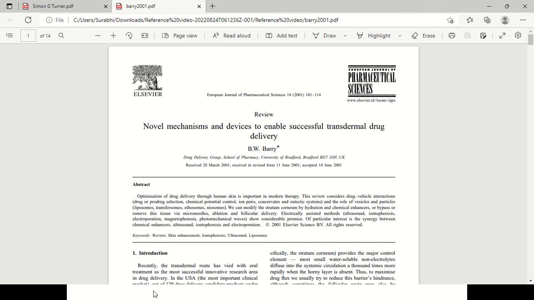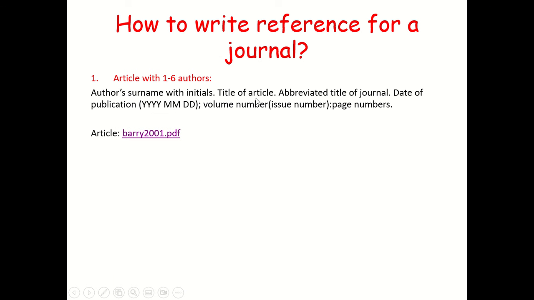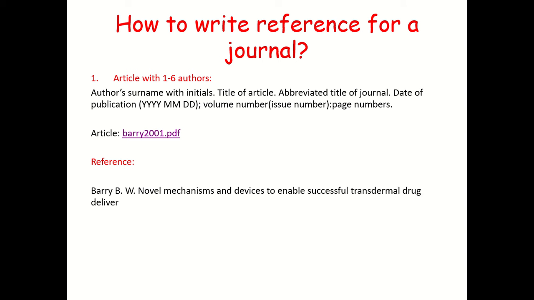So you will write only that name. Now let us see how we are going to write the reference for this particular journal. So Berry B.W. is the name, then Novel mechanisms and devices to enable successful transdermal drug delivery, that is the title of the article. Next is Eur J Pharm Sci, the abbreviated form, the short form of the journal.